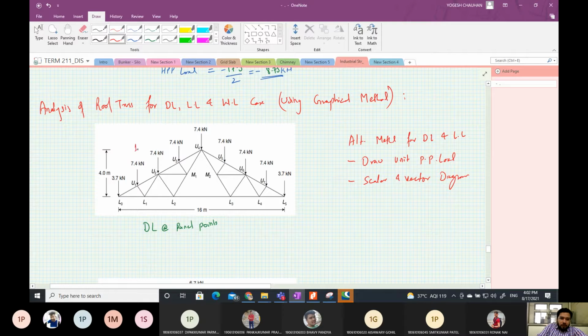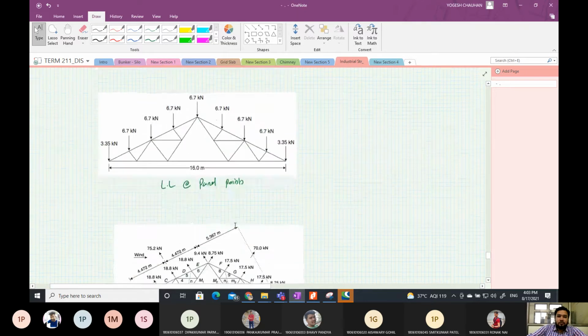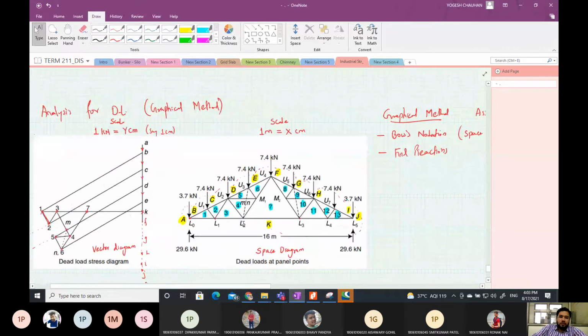Now if you consider this as unit value, and draw this vector diagram, this vector diagram will be applicable for both dead load and live load, because both the loads are gravity loads only, and we have symmetrical loading.